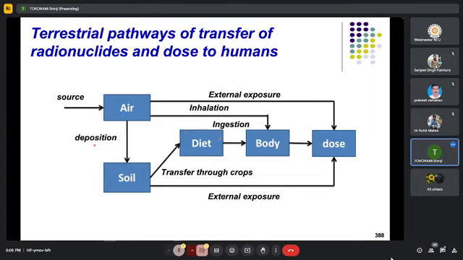By deposition, radioactive materials are placed on the surface of soil. And by transfer through the crops, the diet is contaminated with radioactive materials. By ingestion, people take in the radioactive materials and eventually receive the dose.